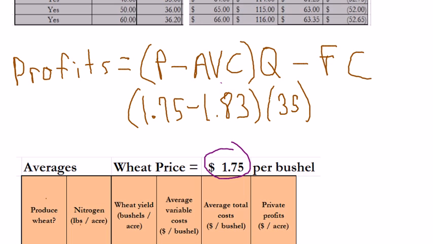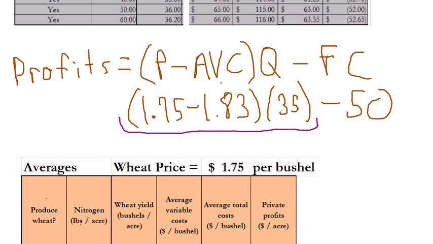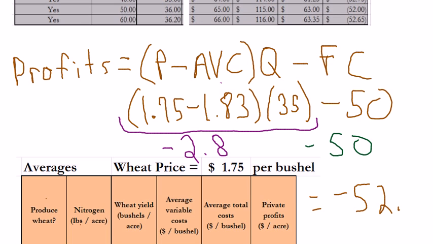And we're subtracting our fixed cost of 50. This whole term right here just becomes negative 2.8, then minus 50 for the whole thing, which equals negative 52.8. And if we use the accounting way of denoting a loss, we just take away the negative sign and put it in brackets instead.